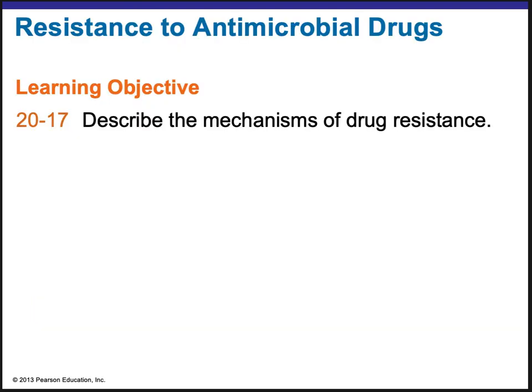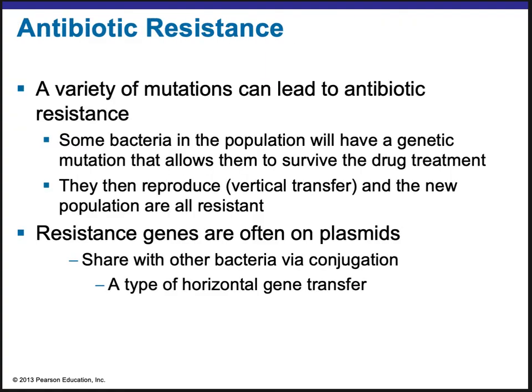All right. So now we can talk about resistance to antimicrobial drugs. And we already started talking about resistance with the enzymatic destruction, right? So how does this originate? Okay. Some bacteria in a population will just naturally have resistance.